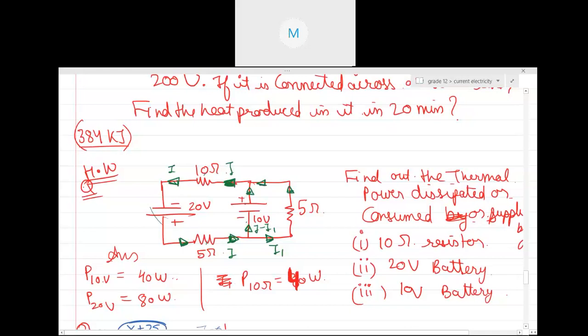But I'm not getting a proper answer. Can you tell me the equations which you made? Let me write them, check later. You can make these equations: minus 10i plus 20 minus 5i plus 10 is equals to 0.